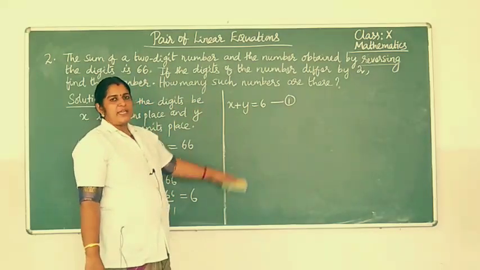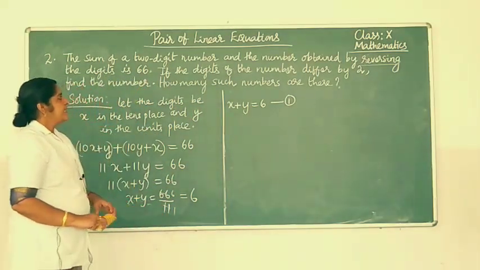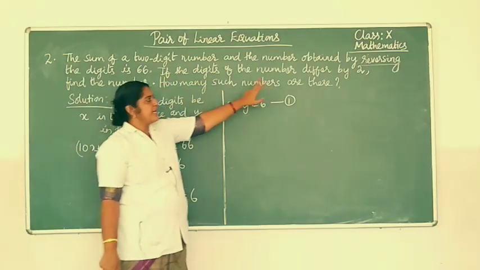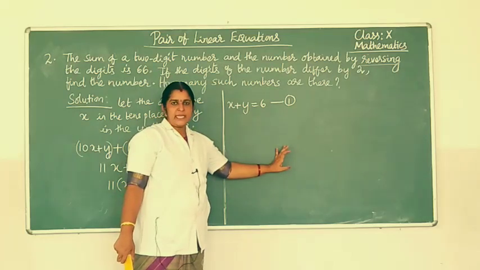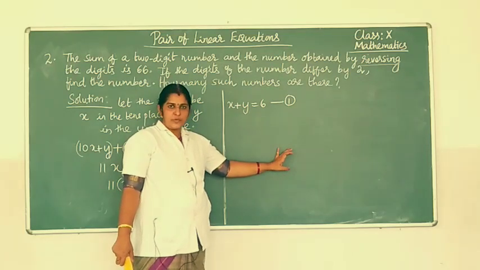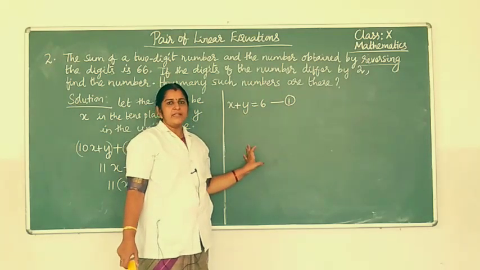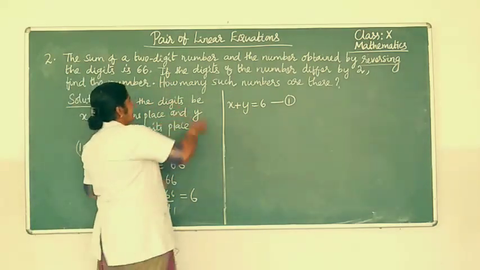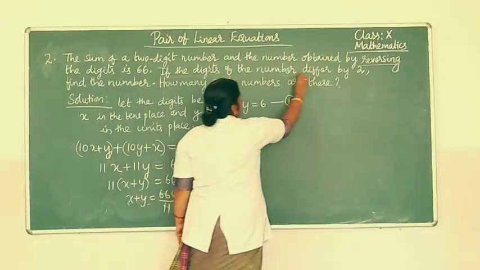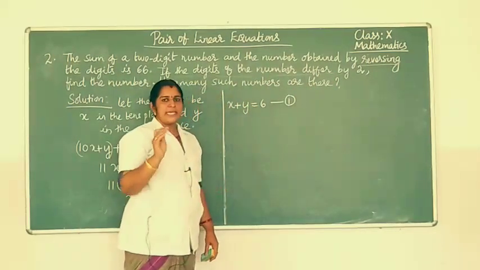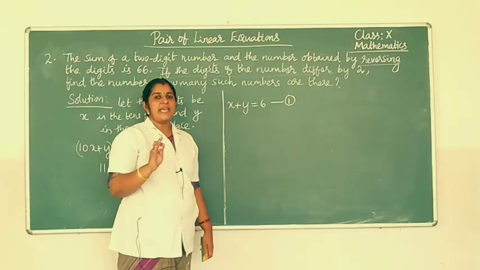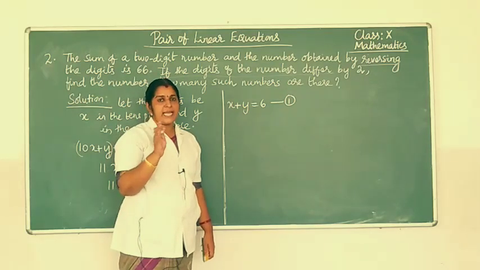Now we need the equation number 2. So read the second sentence. If the digits of the number differ by 2, that is the difference between the two digits is given 2, okay, find the number. So we are taking this condition, if the digits of the number differ by 2. So here we are considering the digits. What are the digits we have assumed? They are x and y.